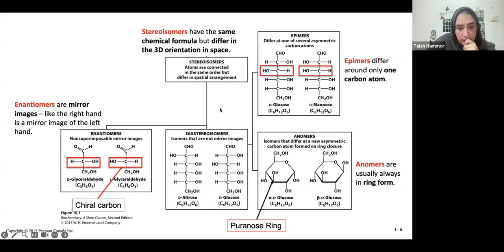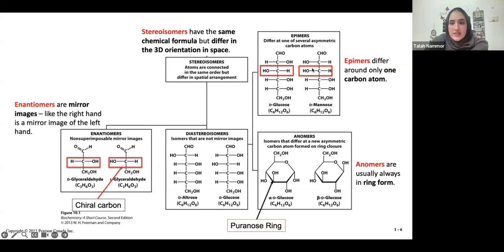Anyways, moving on. We have the epimers. Epimers are differences that happen around one carbon atom. Look at it here. Sorry guys, the boxes are on the wrong side; the red boxes should show the first one. If you look at this structure, we have carbon, carbon, carbon, carbon.